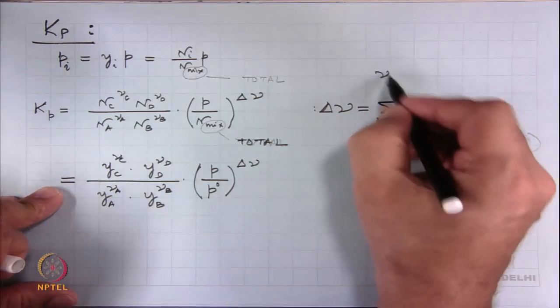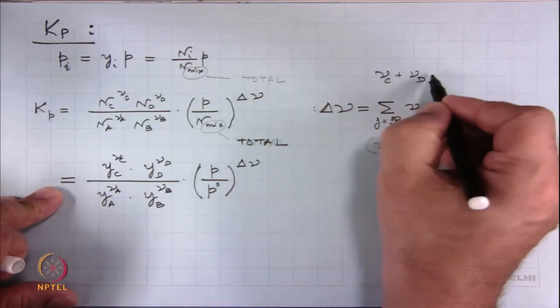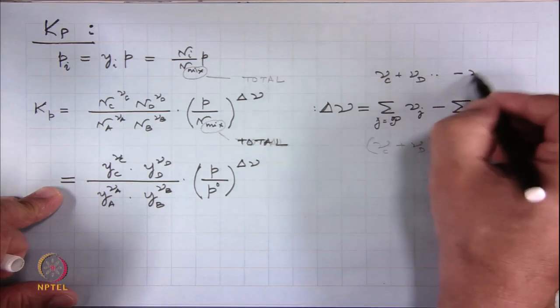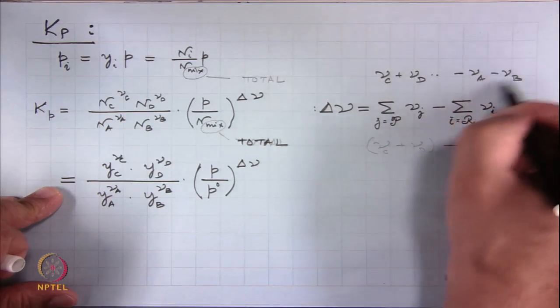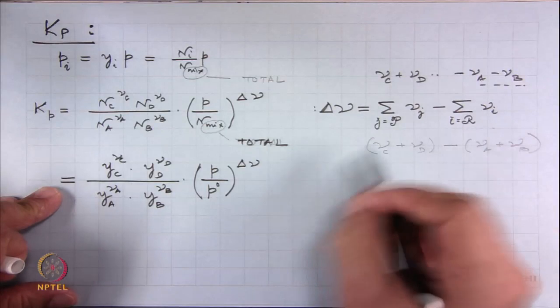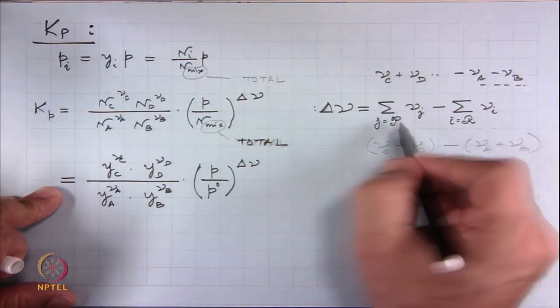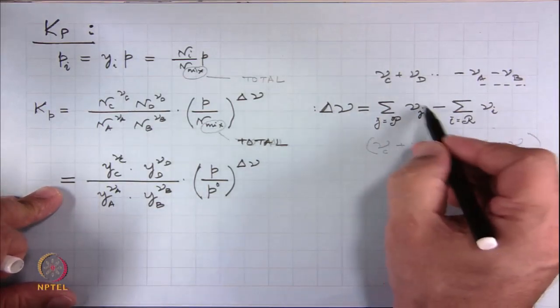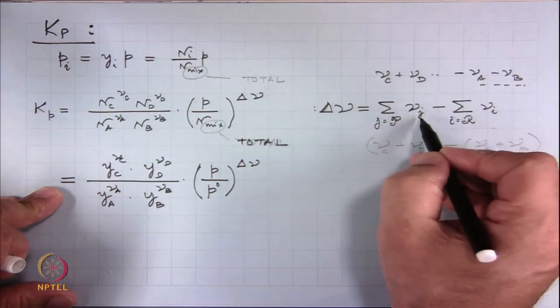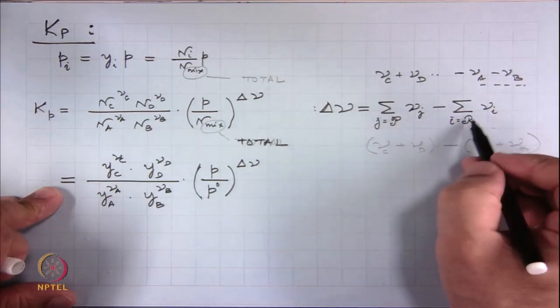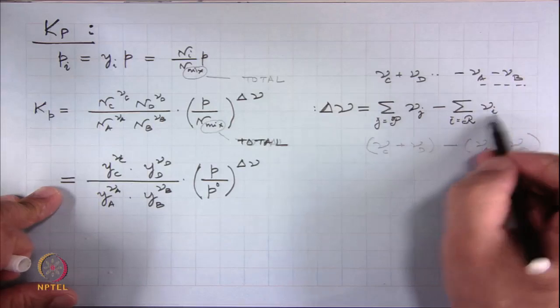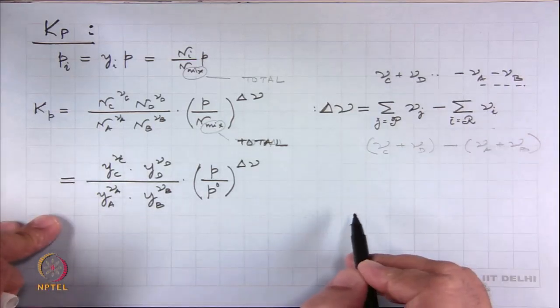Delta nu is nu C plus nu D, like that for the products, minus nu A minus nu B for the reactants. So, in a summation form, delta nu is the summation of the stoichiometric coefficients of the product species minus the sum of the stoichiometric coefficients of the reactant species.